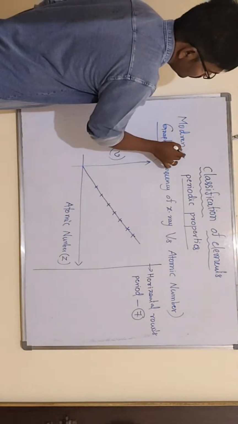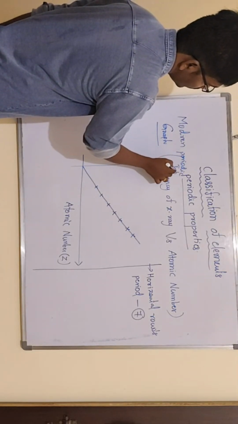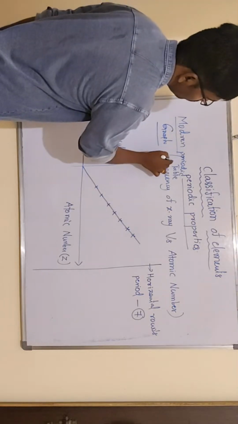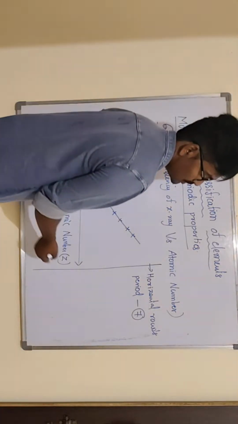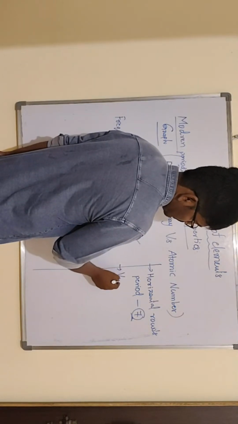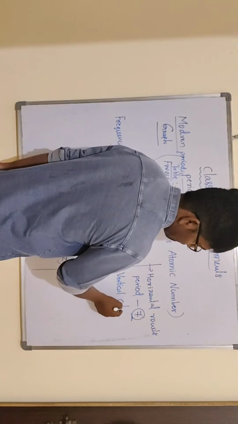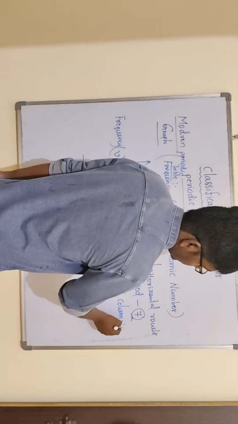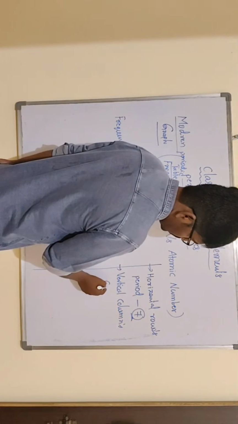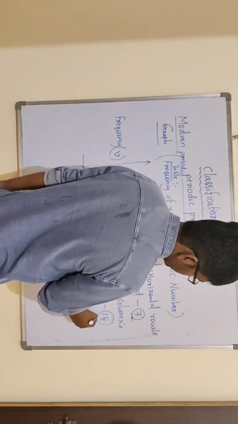In the modern periodic table, how many periods are there? 7 periods are there. Then the vertical columns we call groups. How many groups are there? 18 groups are there.